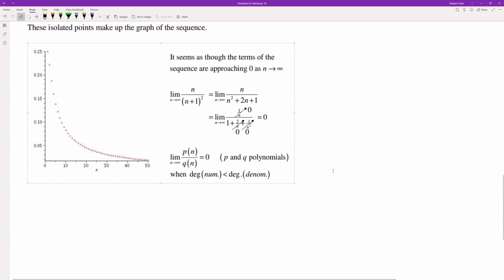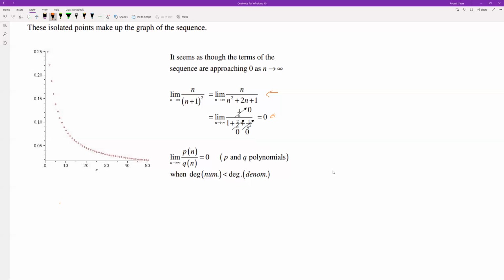You can see that on the horizontal axis we have the value of n, up to 50 here, and it looks like a decaying exponential graph. When you take the limit as n approaches infinity, we actually get 0. That means when we look at the sequence towards the end, it will be some value very close to 0, right?